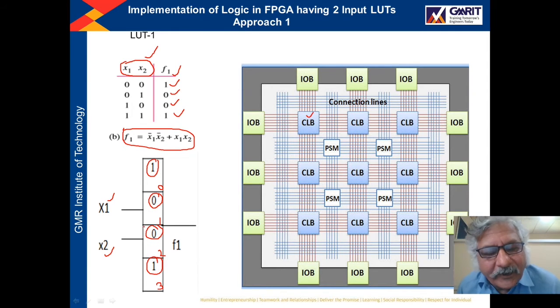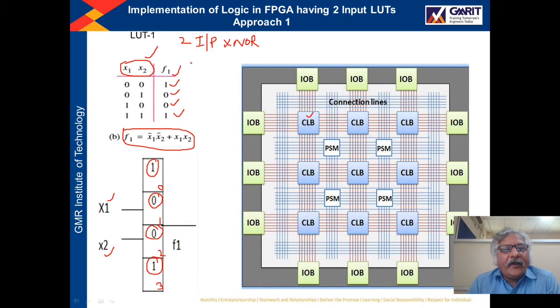So basically, how will we store these values in this LUT? Here we have the logic of a two input XNOR gate. So what we will do is write the Verilog code for this truth table or this expression first.